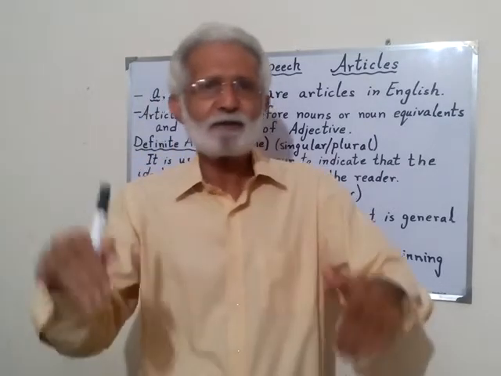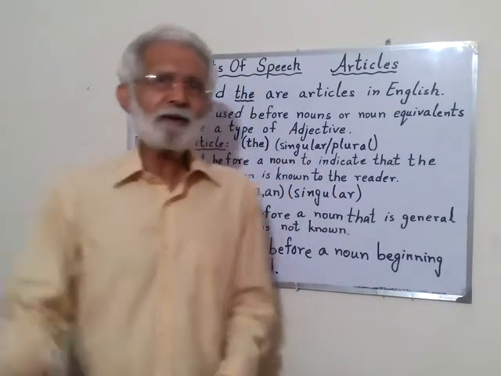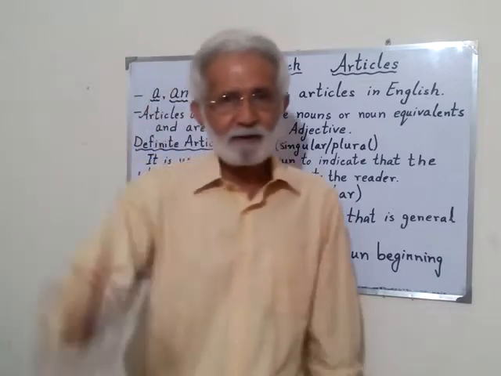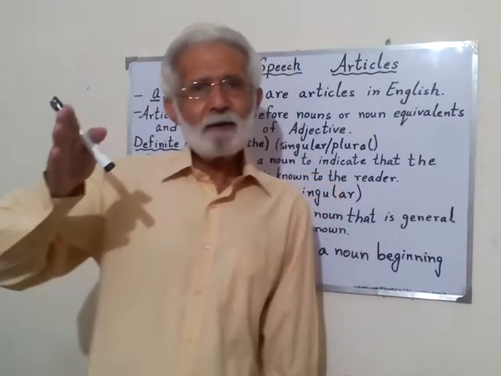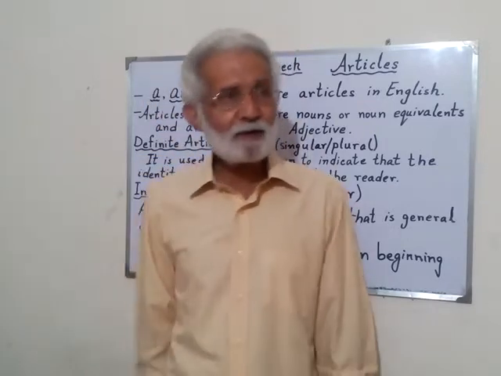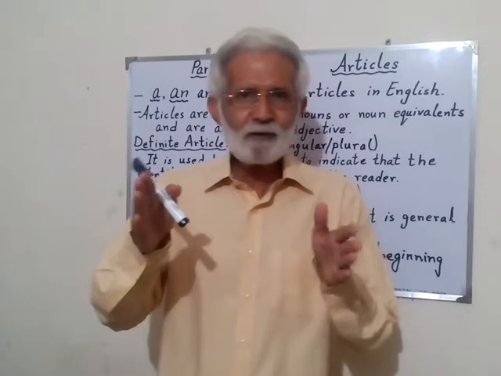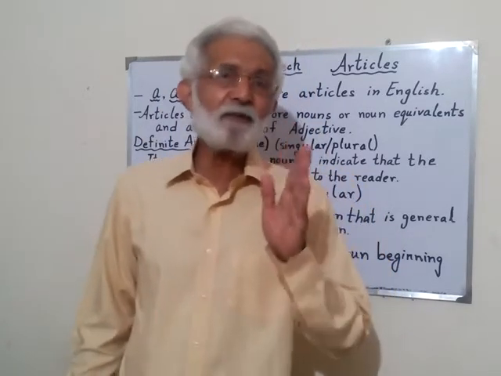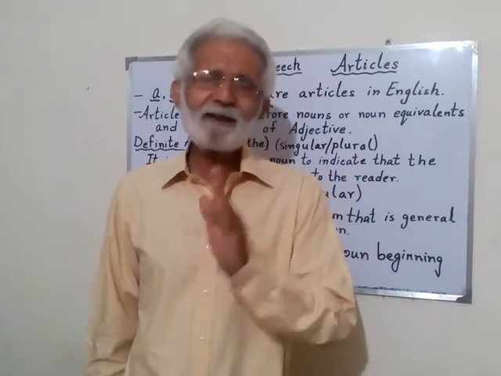You know, I am Sir Javed Aziz. When in a book you read Qaid-e-Azam, there is only one Qaid-e-Azam. So the Qaid-e-Azam. Then we say the Mount Everest. When we say river, we never use the with river. But when you say the river Jehlam, then it is definite.